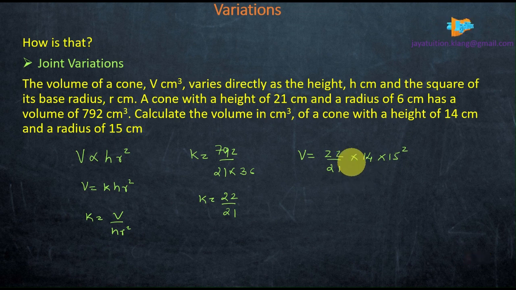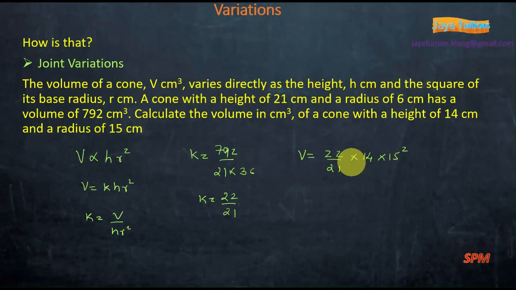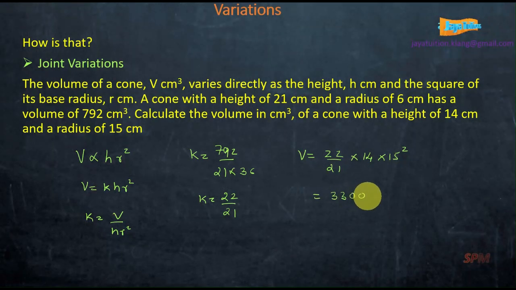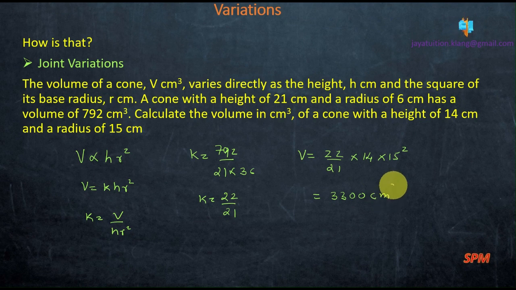So do this calculation. When you do this calculation, 22 multiplied by 14 multiplied by 15 square divided by 21 gives me the answer equal to 3300 centimeter cube.